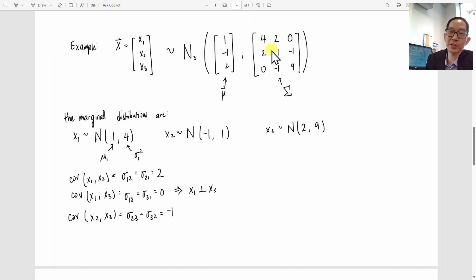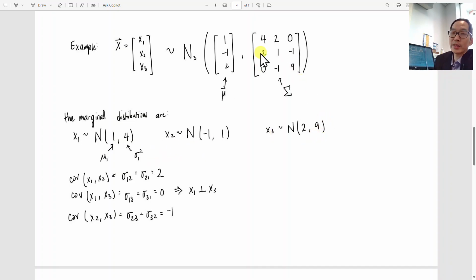If you just look at the diagonal terms, that will give you your marginal distributions. If you just looked at the distribution of x1, it would have mean 1 and variance 4, or standard deviation 2. The distribution of x2 would have mean -1 and variance 1. And for the distribution of x3, you would have mean 2 and variance 9. So just going down the diagonal, you get all of those individual terms.